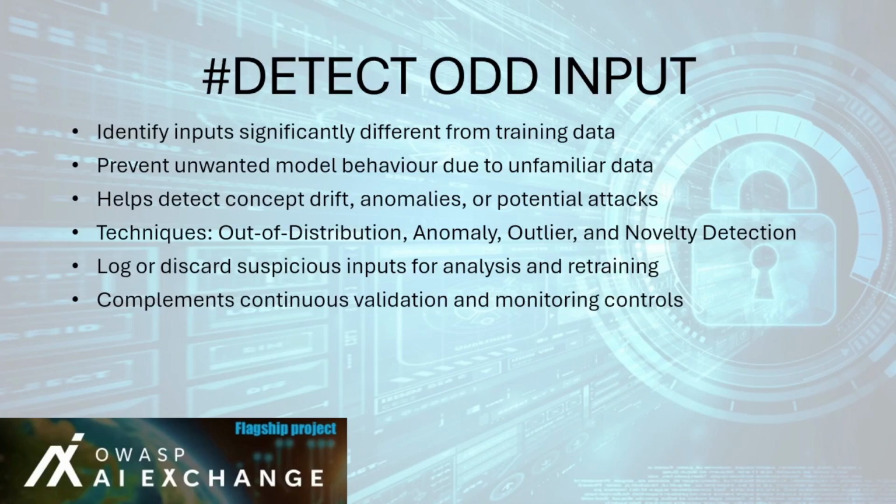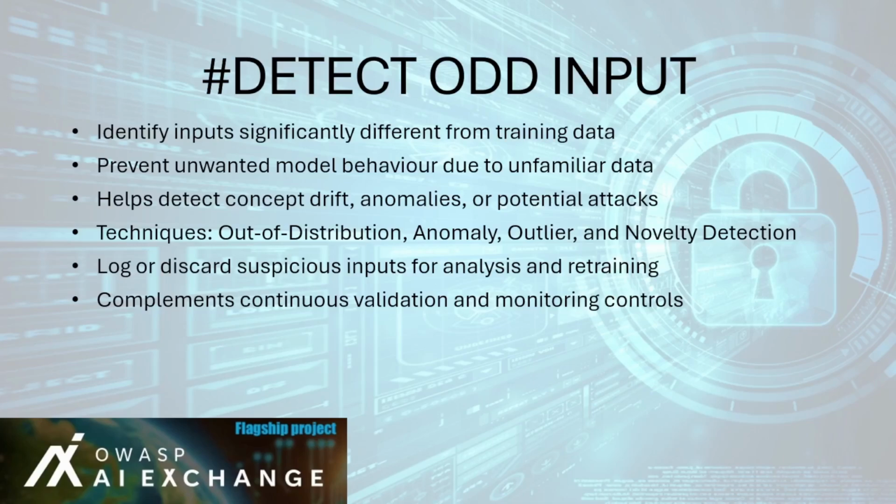Open set recognition or OSR recognizes known versus unknown classes. And novelty detection or ND identifies unseen but valid examples, for example a new car model. An example is as follows. A self-driving car trained on cars, trucks and pedestrians encounters a horse, something outside its training set. Odd input detection would recognize it as unknown, helping avoid unsafe decisions.